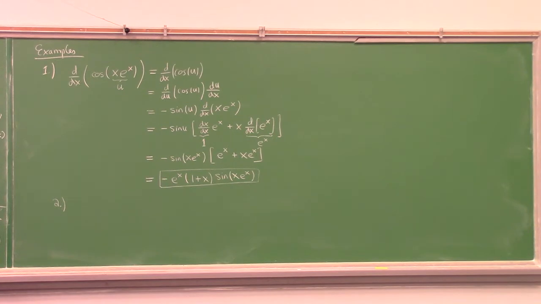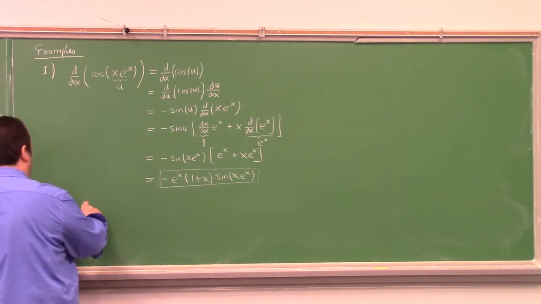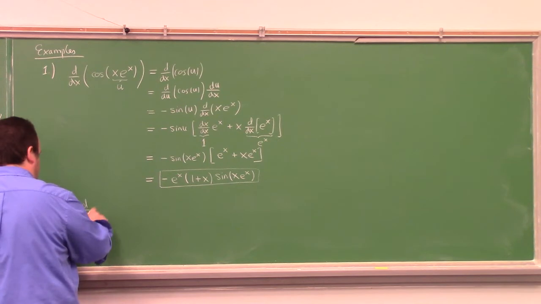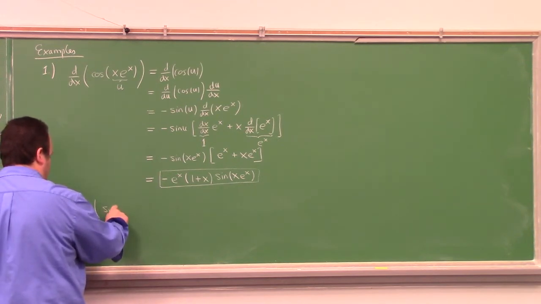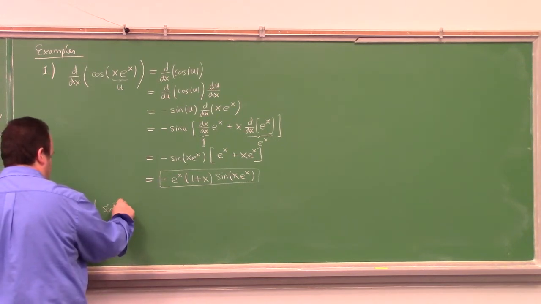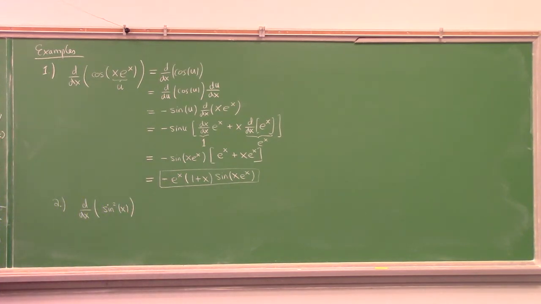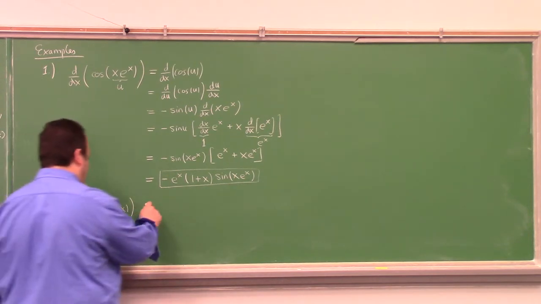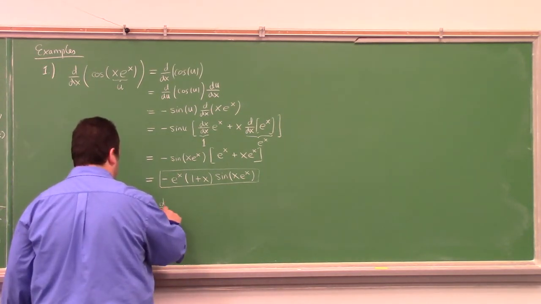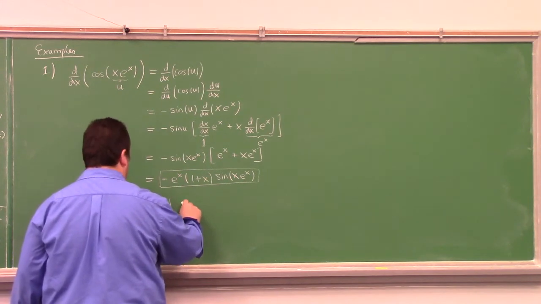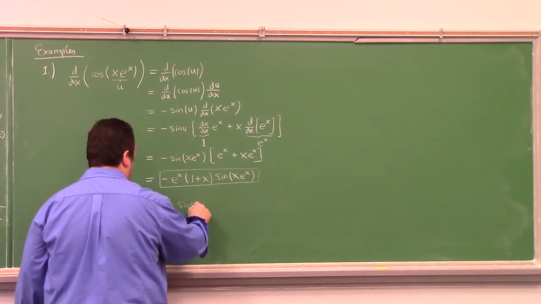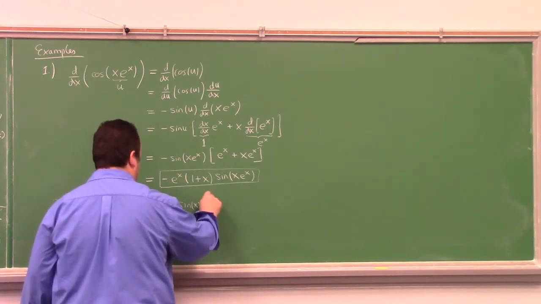Let me show you another example here. d dx of sine squared x. What this means is d dx of sine of x, squared.